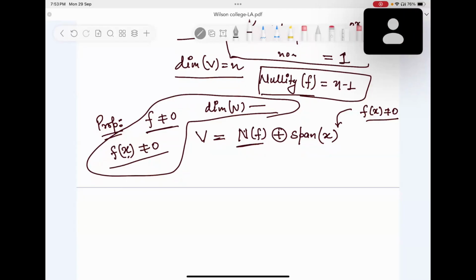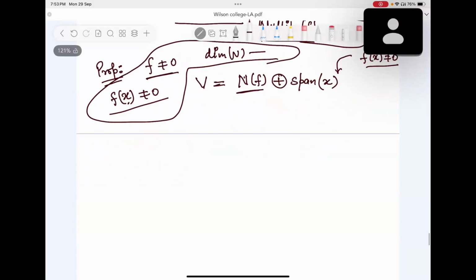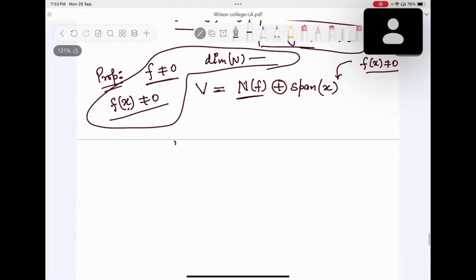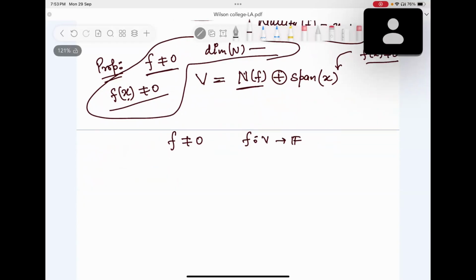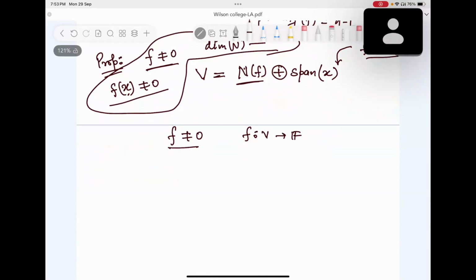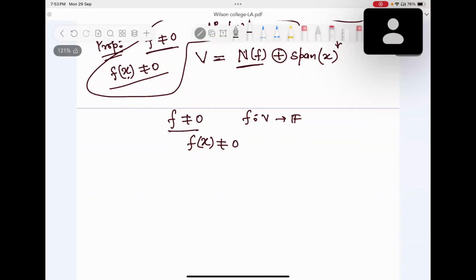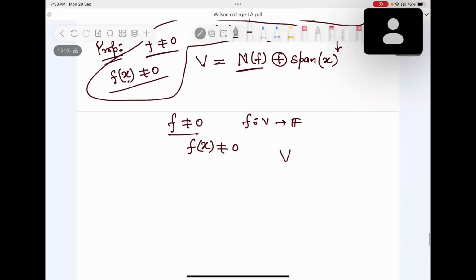Sir, repeat once. I have not understood. Okay, let me repeat this again. Suppose f is any non-zero linear functional from V to R. Since this is non-zero, you can have one x such that f of x is not equal to 0. Now you can always write your V as null space of f direct sum span of this vector.